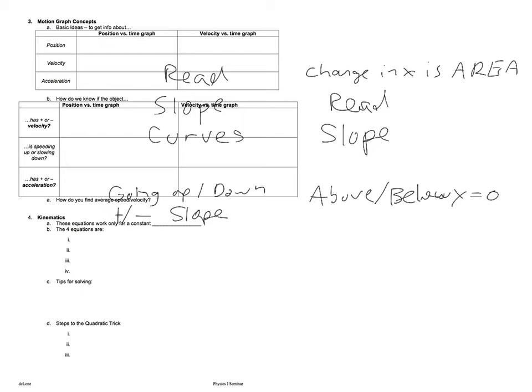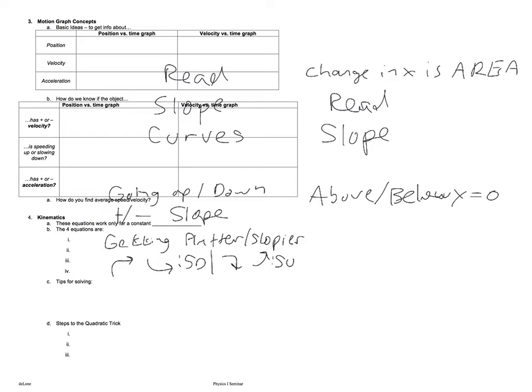Speeding up, slowing down. On a position graph, we are looking at getting flatter or slopier. So getting flatter like that or like that would be slowing down. Getting slopier like that or like that would be speeding up.